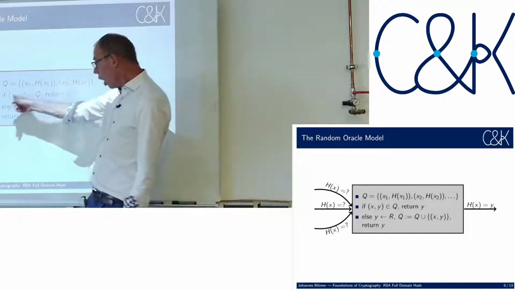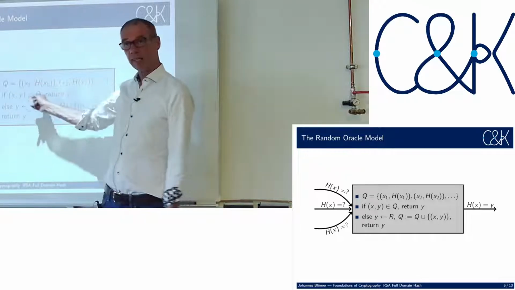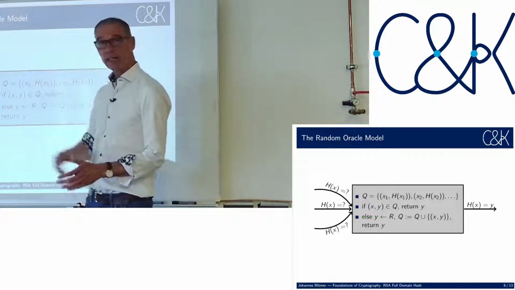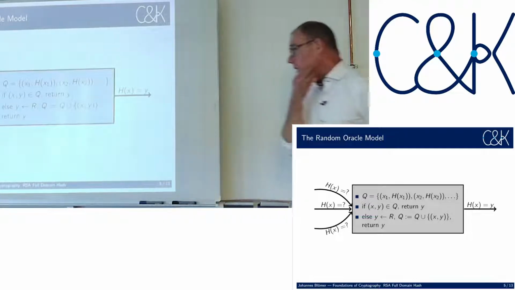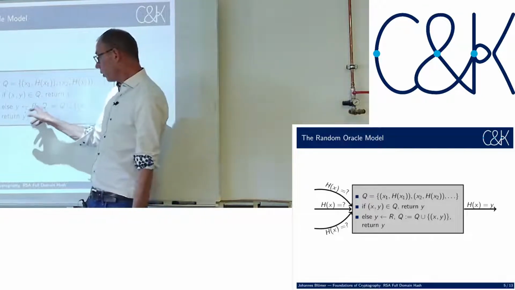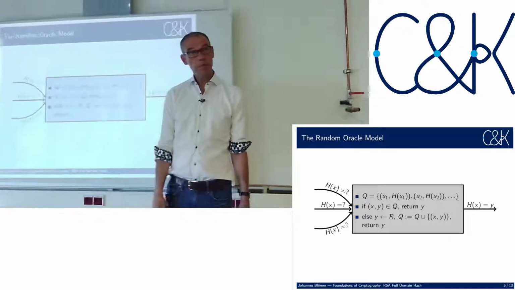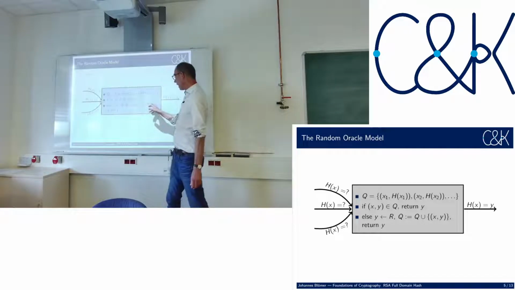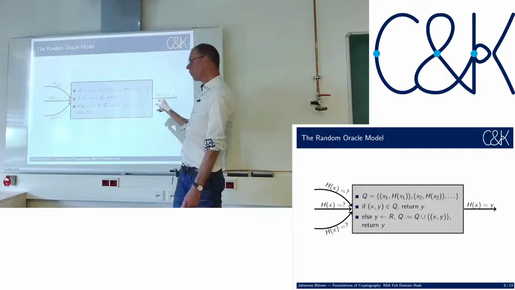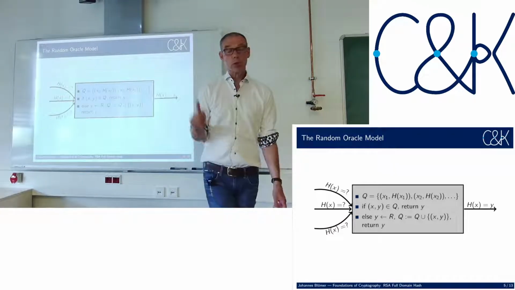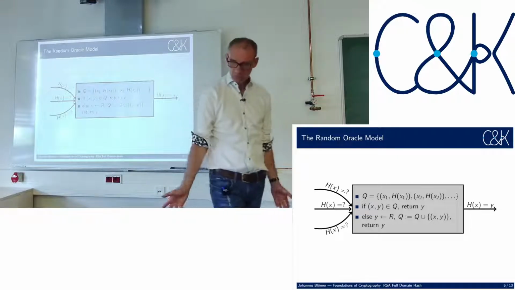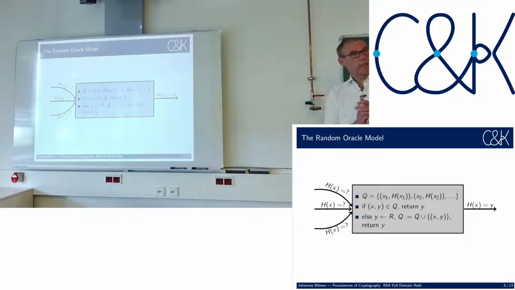If no xi exists with this x, no pair exists with this x as first component, then the oracle chooses a new y uniformly at random and adds the pair x comma y to this list and returns y as an answer to the party that queried it. Okay? So that's the random oracle.